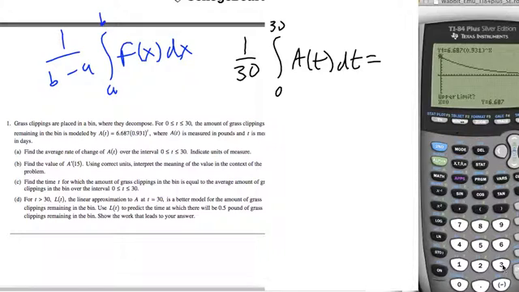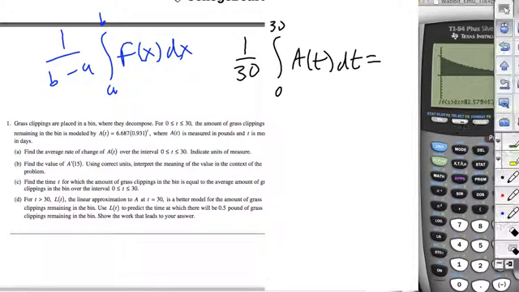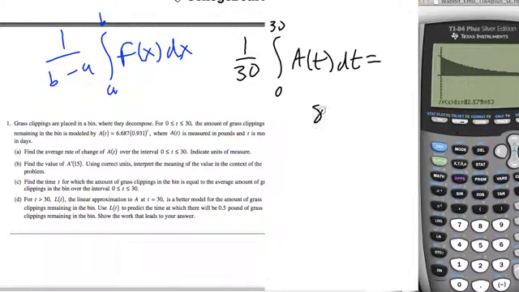We go 0 to 30. And then we get that incredibly satisfying sensation when the calculator integrates and finds the value of the area, which is 82.579. So let's say this is 82.579 over 30, which is approximately, let's see here.